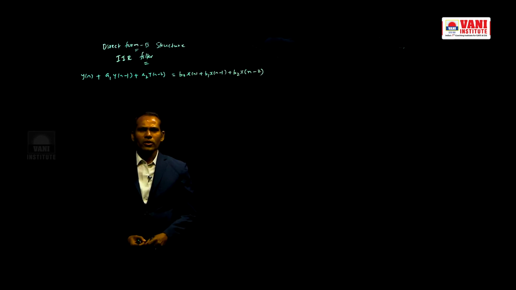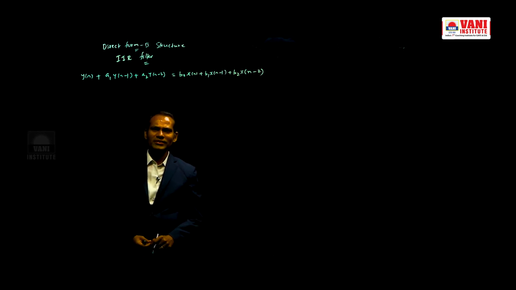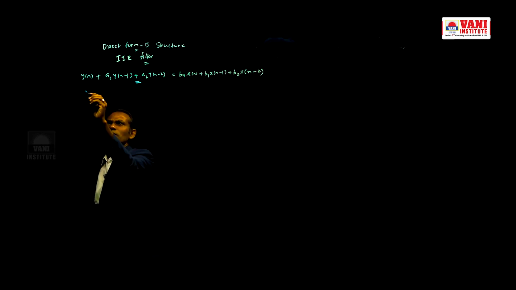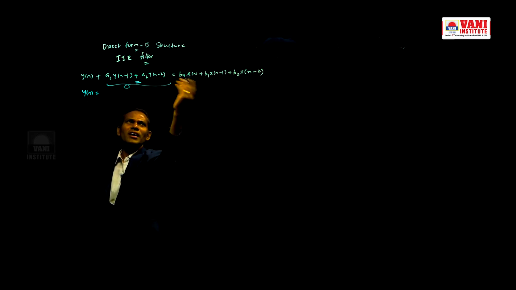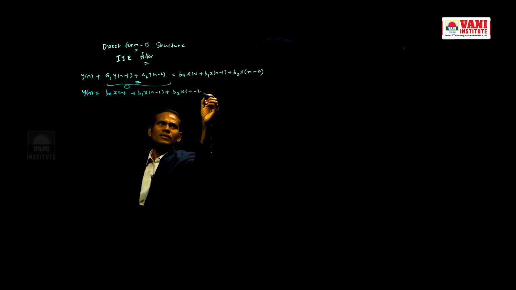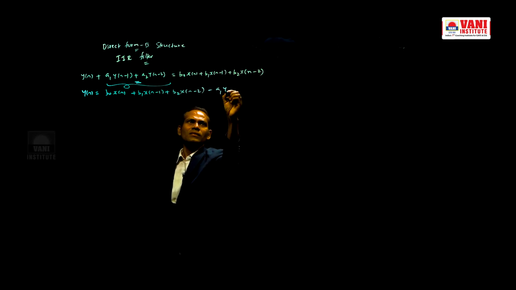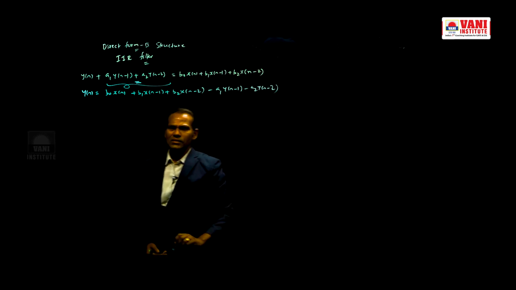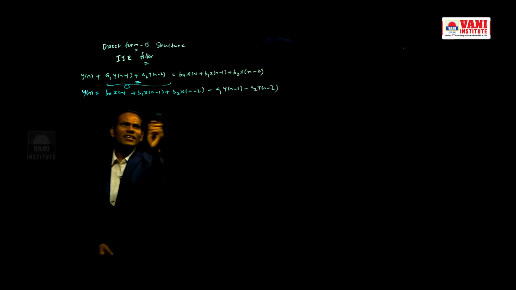We will see some more problems on direct form 2 structure. Suppose let us take an IIR filter, which is like this. That means y of n is, take these two to the right side, then y of n will be like this.